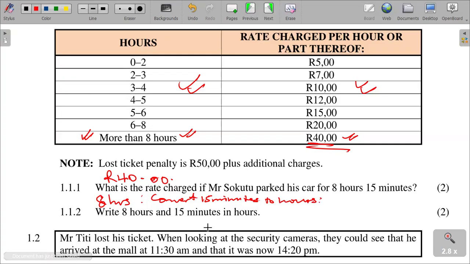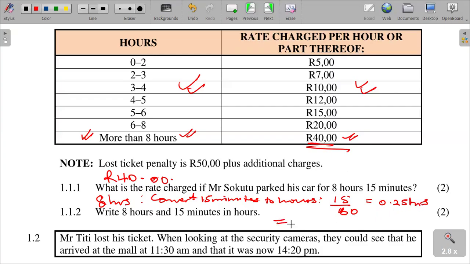How do we convert that? It is simply by dividing 15 over 60. 15 over 60 is going to give us 0.25. 15 minutes is a quarter of an hour, which is 0.25 hours.